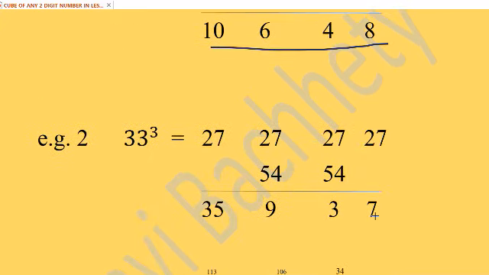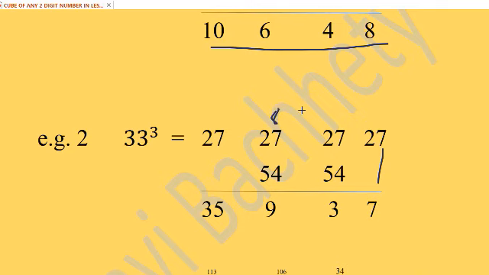Right. Similarly, you want to find 33 cube. What will you do? Cube of 3, 4 times. 27, 27, 27, 27. So first of all write the single digit 7, 2 carried forward. 27 plus 2 is 29. Right. 29 plus 4 is 33 and 33 plus 50 is 83. So 3 here, 8 carried forward.